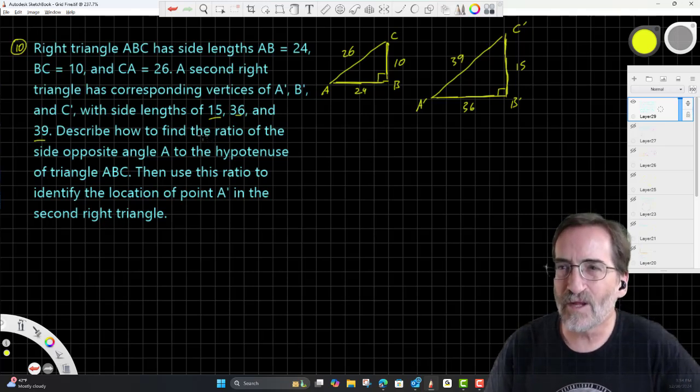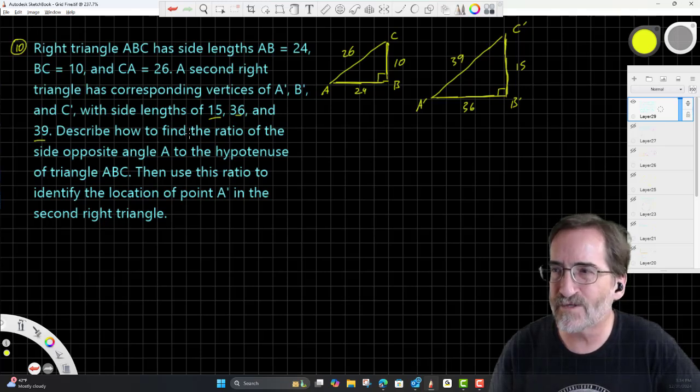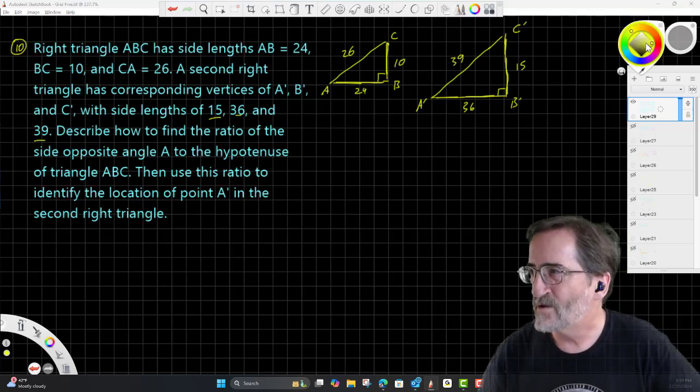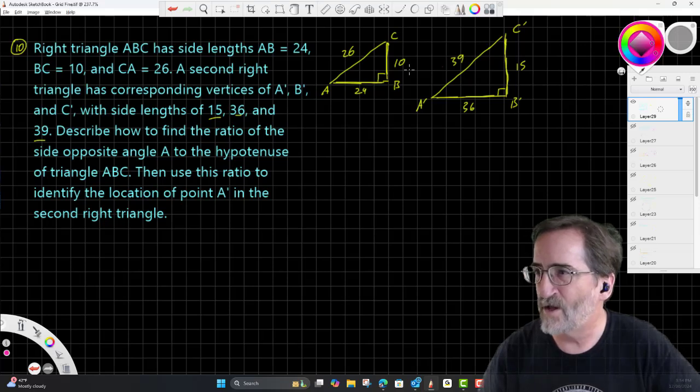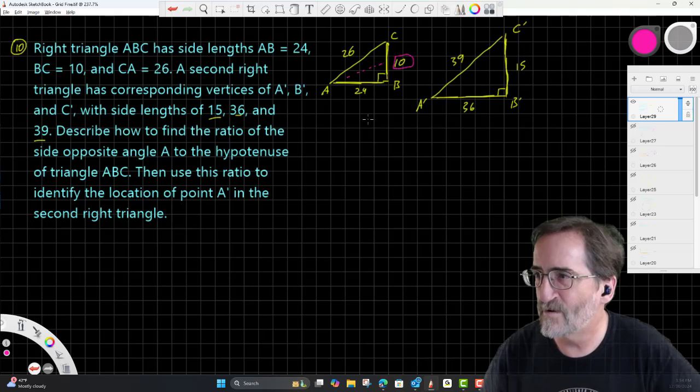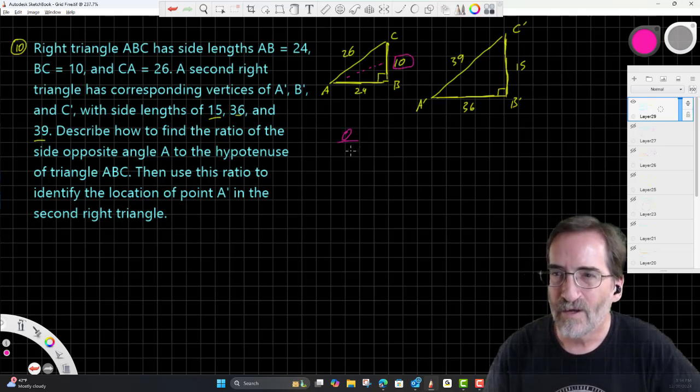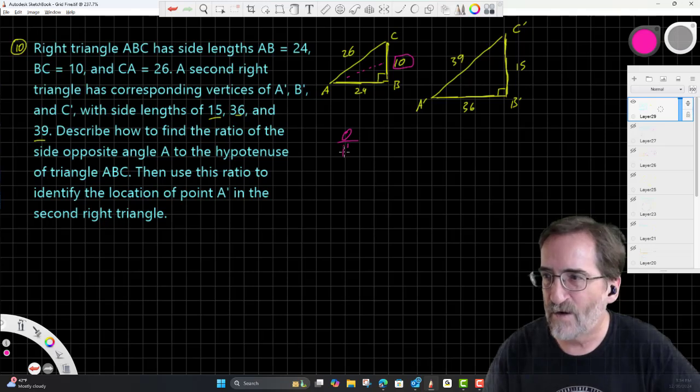But we had asked us to describe how to find the ratio of the side opposite angle A. So opposite angle A is the 10 side, opposite over the hypotenuse. That's sine.